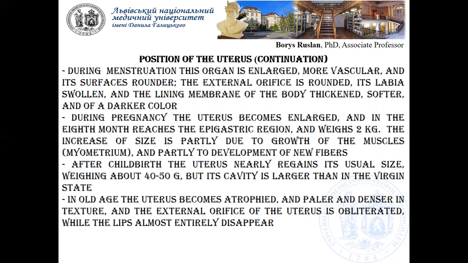After childbirth, the uterus nearly regains its usual size, weighing about 40-50 grams, but its cavity is larger than in the virgin state. Finally, in old age, the uterus becomes atrophied, pale, and denser in texture, and the external orifice of the uterus is obliterated, while the lips almost entirely disappear.